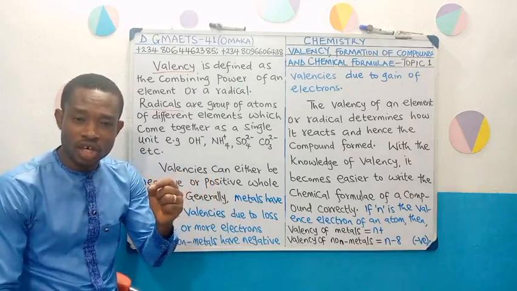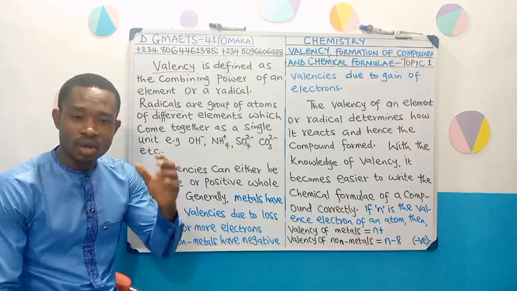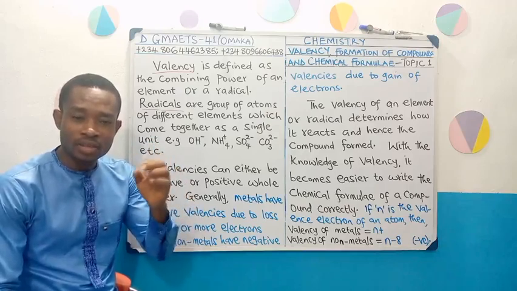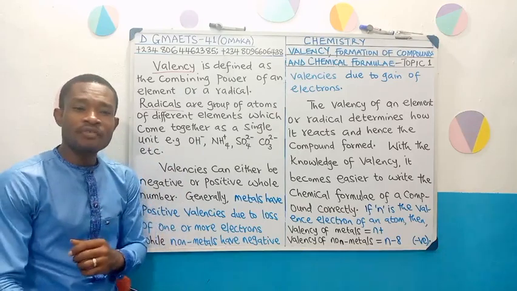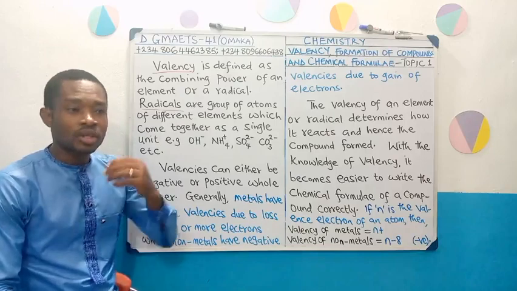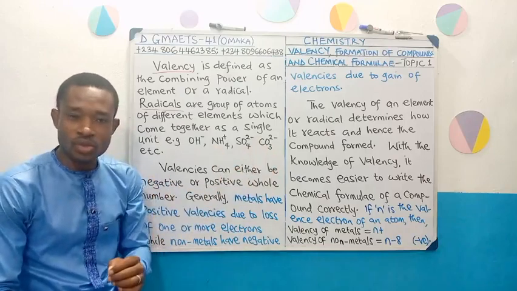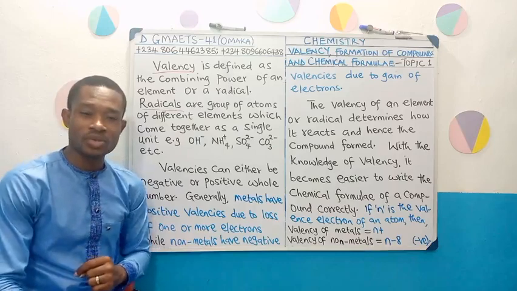Electrons are negatively charged. Every atom has electrons and protons. Protons are positively charged.